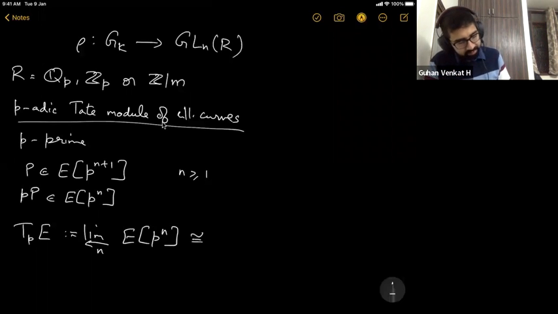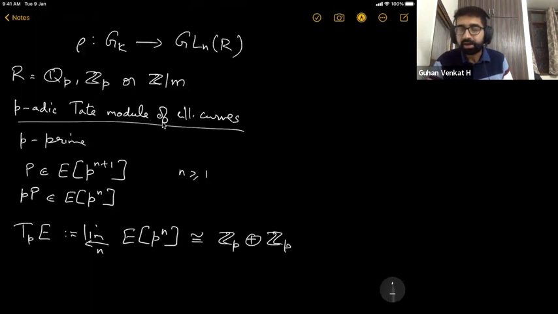And we've already seen that E[p^n] is isomorphic to Z/p^n Z plus Z/p^n Z. So once you take the inverse limit, you get 2 copies of the ring of p-adic integers. So this is called the p-adic Tate module associated with the elliptic curve.